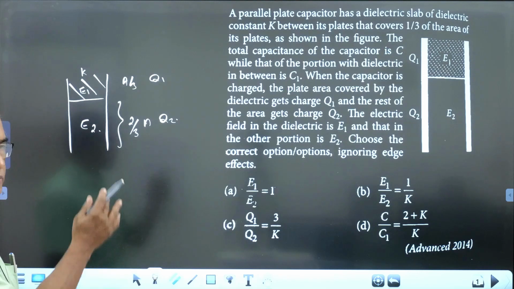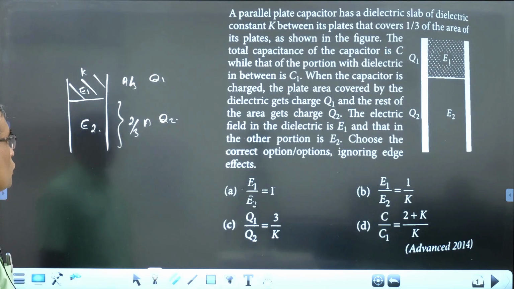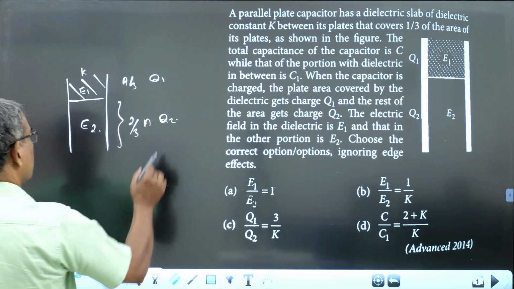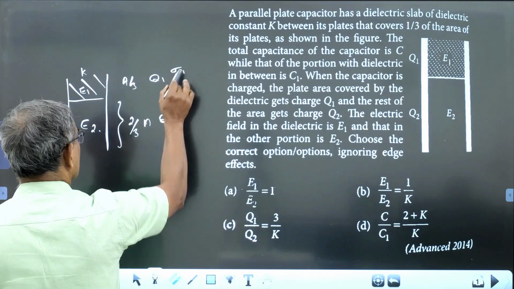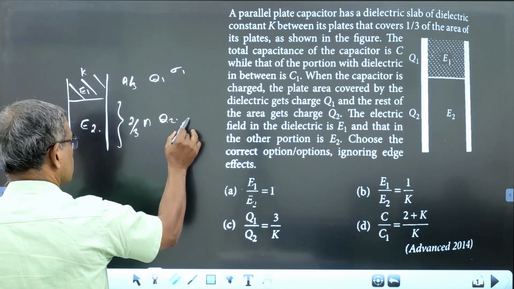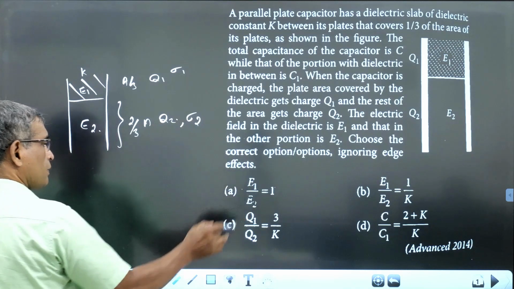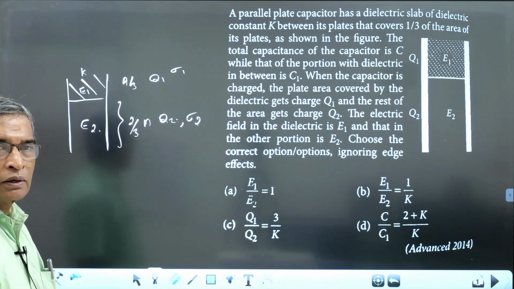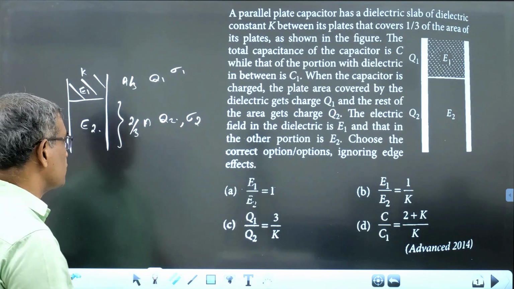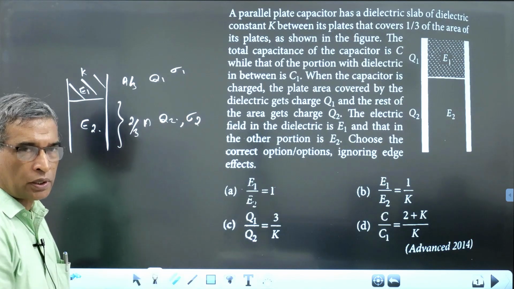Choose the correct options. One more thing we have to introduce: suppose sigma 1 is the charge density here and sigma 2 is the charge density here.